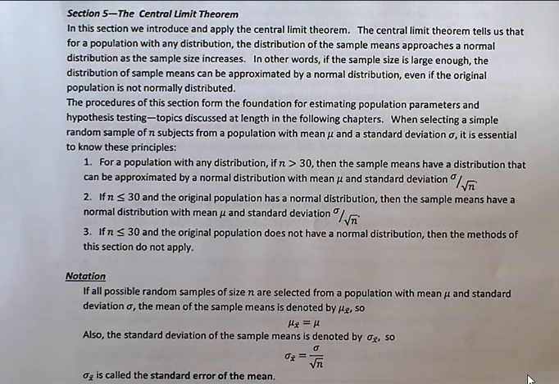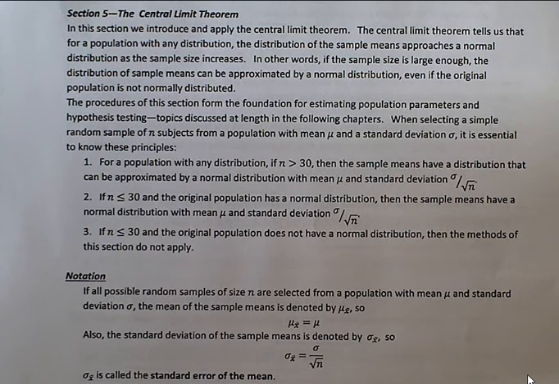Okay. So up above there in the directions, the notes up there, it says the central limit theorem tells us that for a population with any distribution, the distribution of the sample means approaches normal as the sample size increases. So the bigger it gets, the more we can generalize the information.